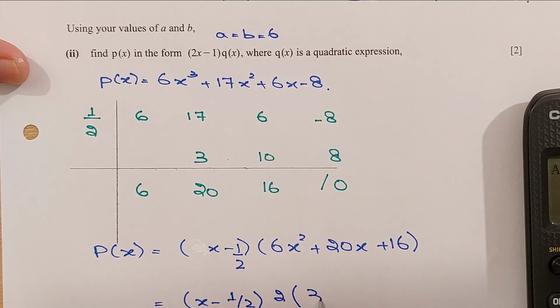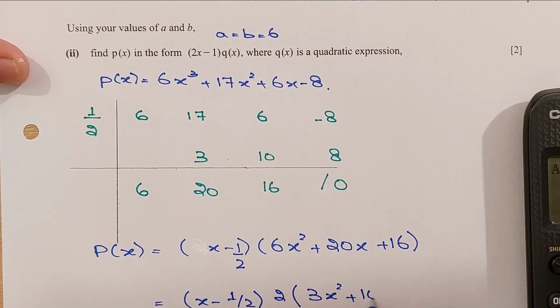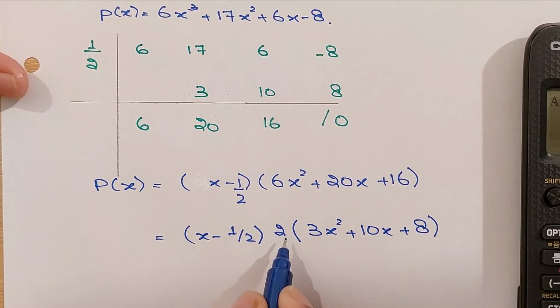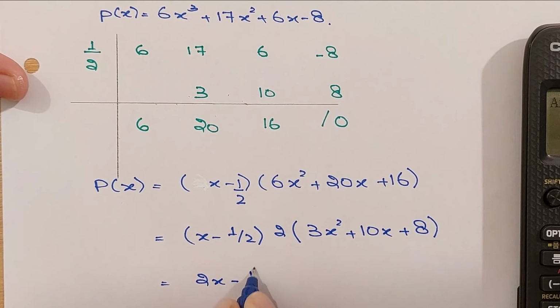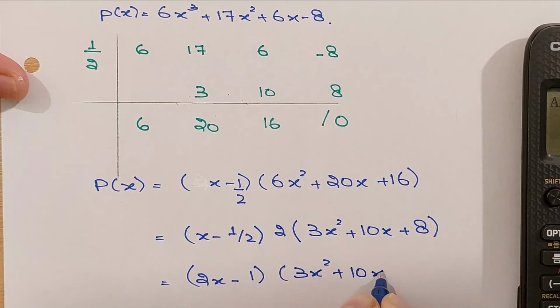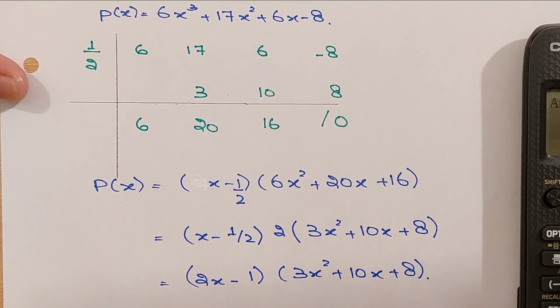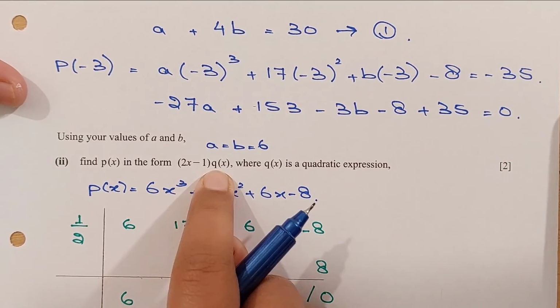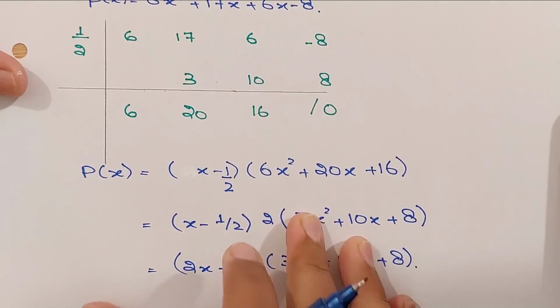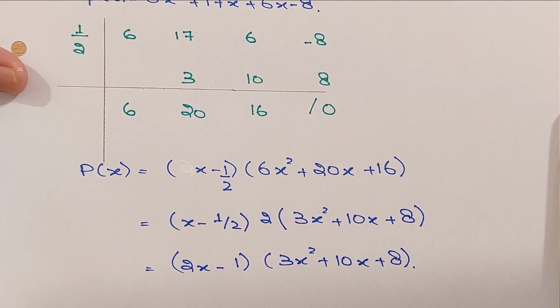So we have 3x square plus 10x, and 2 times 8 is 16. So let me multiply throughout this by 2. So 2x minus 2 by 2 is 1, and this is 3x square plus 10x plus 8. So we have to find p of x in this form, 2x minus 1 and q of x. Q of x is a quadratic expression.